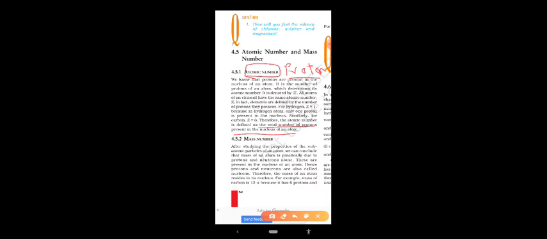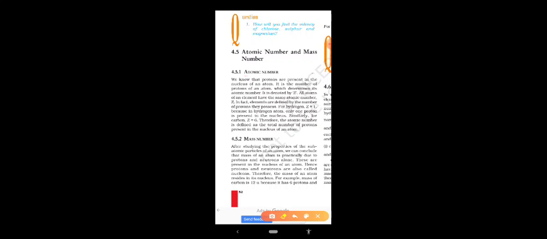The electrons may get released from the atom, but protons cannot be released very easily. So the number of protons will not change very easily. Atomic number is defined as the total number of protons present in the nucleus of an atom.